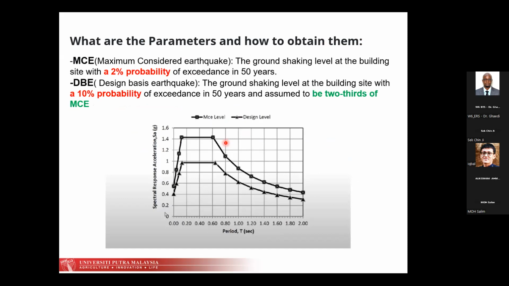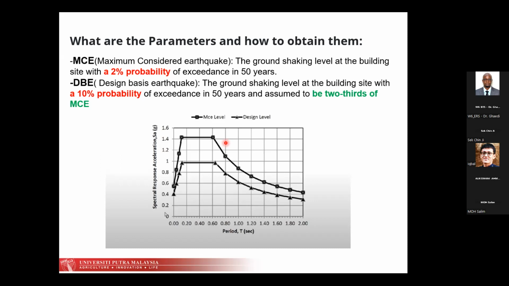For example, for Malaysia you also have the MCE, and based on the MCE you can calculate the DBE as well. You need to go to the seismic map of that particular region, find the maximum considered earthquake value, and multiply by g. Then you can follow the other steps in ASCE to get the other factors.